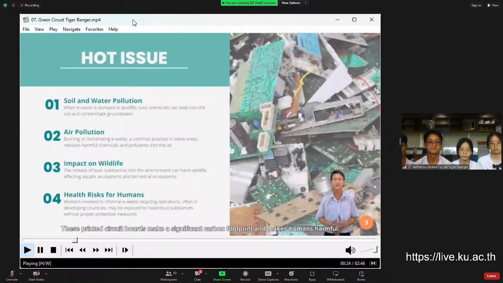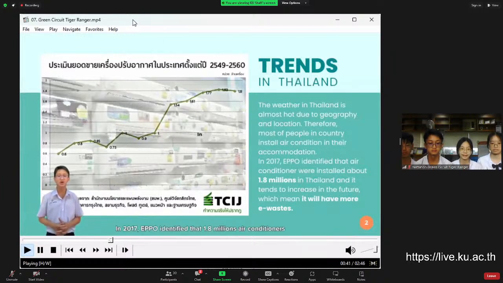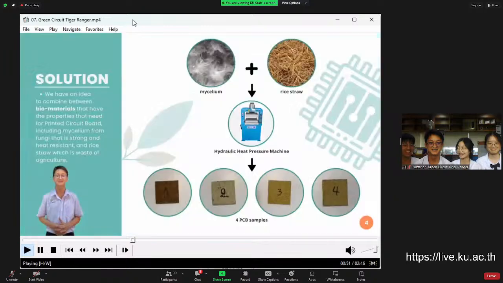These printed circuit boards make a significant carbon footprint and are harmful to humans. They release harmful chemicals and are hard to decompose, causing soil and water pollution due to components like plastics, toxic coating substances, and halogen. In 2017, EPPO identified that 1.8 million air conditioners were installed in Thailand, and it tends to increase, which means more e-waste in the future.